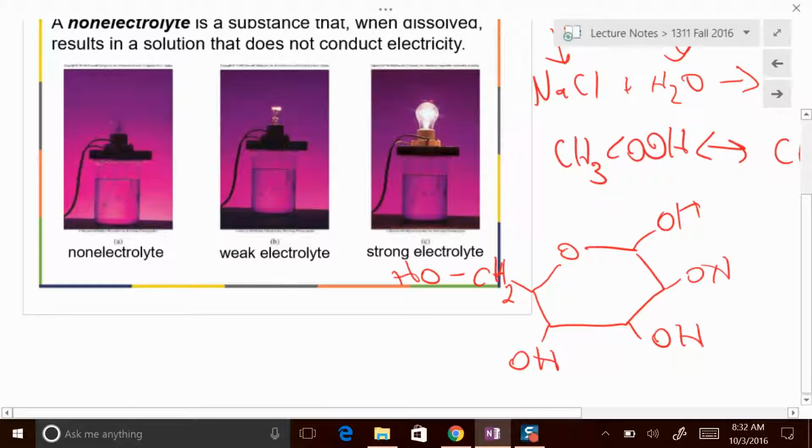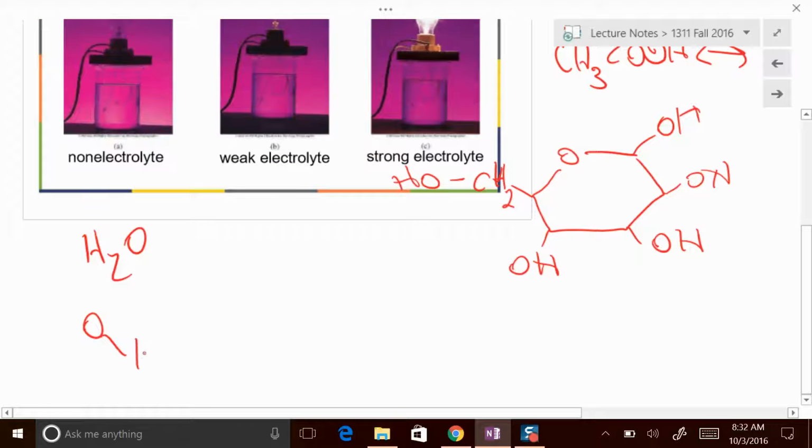Water itself, H2O. Is that an electrolyte or a non-electrolyte? It's a non-electrolyte. Why? It's covalent. So does water conduct electricity? No, it does not conduct electricity.